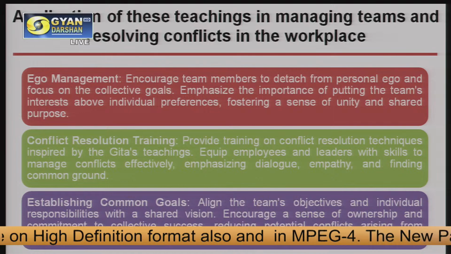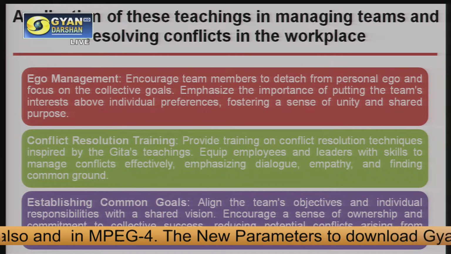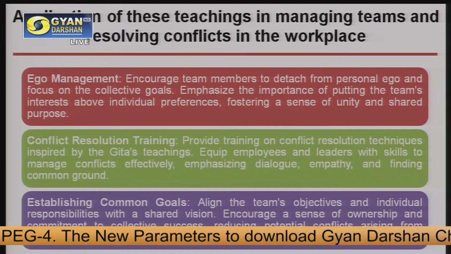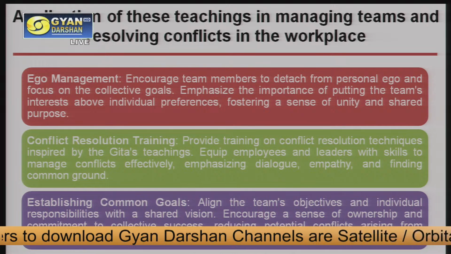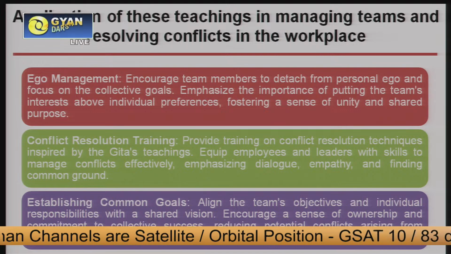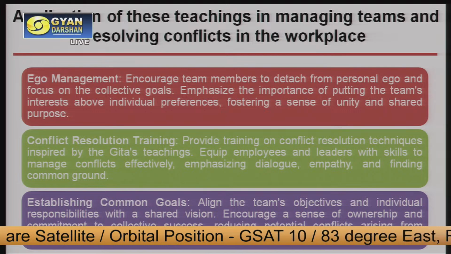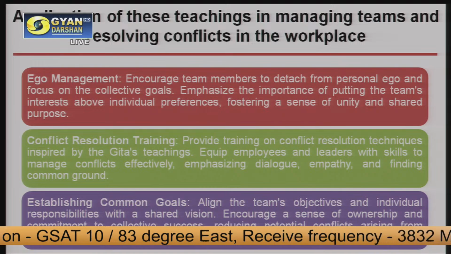These are some applications which we have to take as important assets for the organization. Ego management: Bhagavad Gita can play a very important role in ego management, conflict resolution training and establishing common goals.